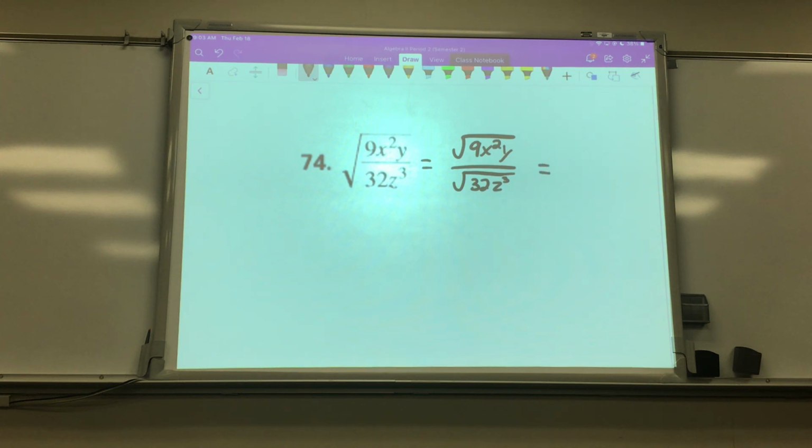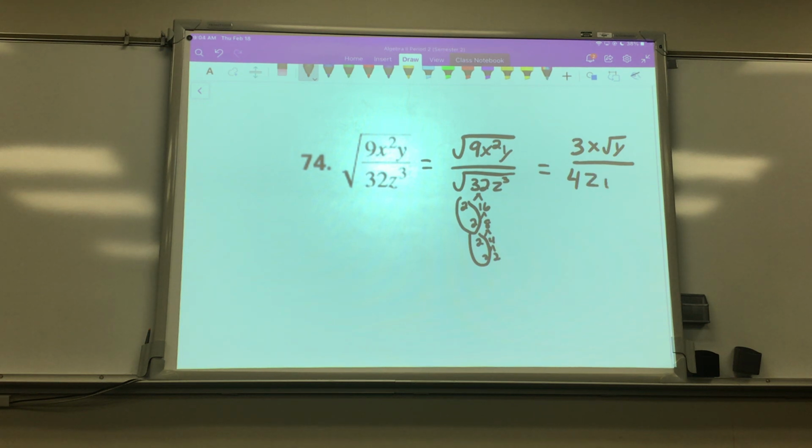Square root of 9, 3. Square root of x squared, x. And that y is going to stay inside, correct? 32, 2, 16, 2, 8, 2, 4, 2, 2, group of 2, group of 2. So 4 would come out, 2 times 2, right?